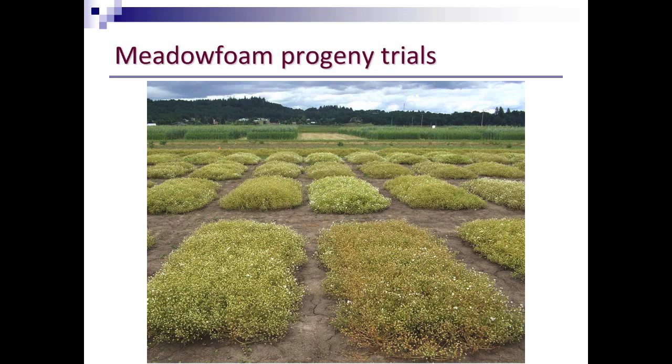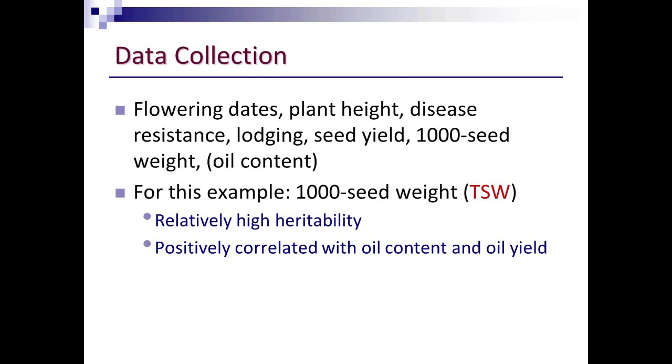And this is a picture showing what a typical Meadowfoam progeny trial looks like. This is just shortly after flowering. For data collection, we collected information on flowering dates, plant height, disease resistance, lodging, seed yield, 1,000 seed weight, and we didn't have a capability then for large-scale screening of oil content.